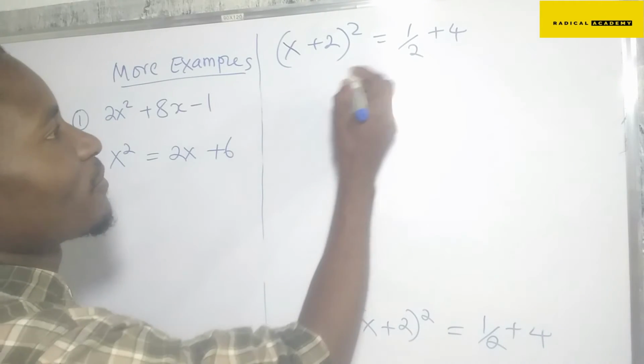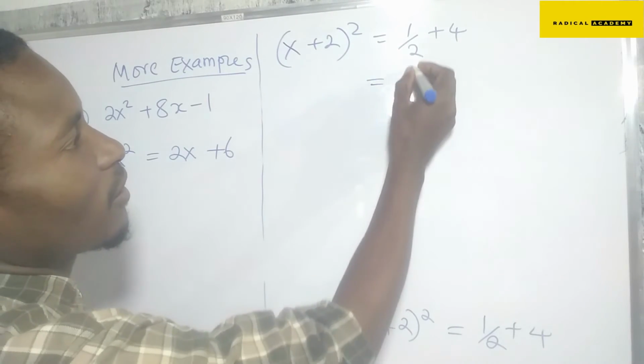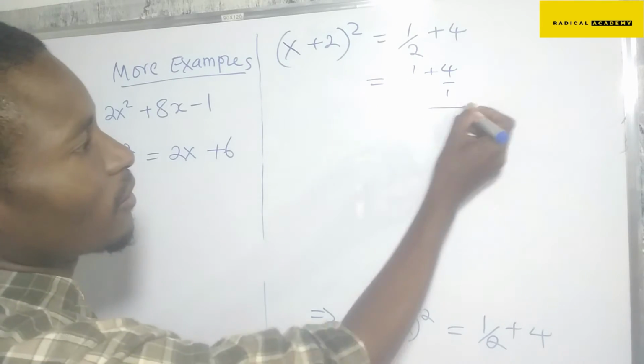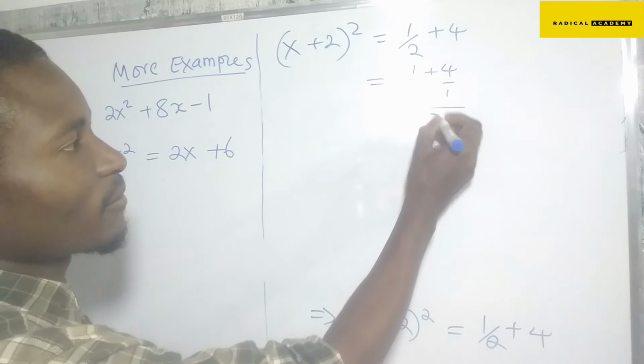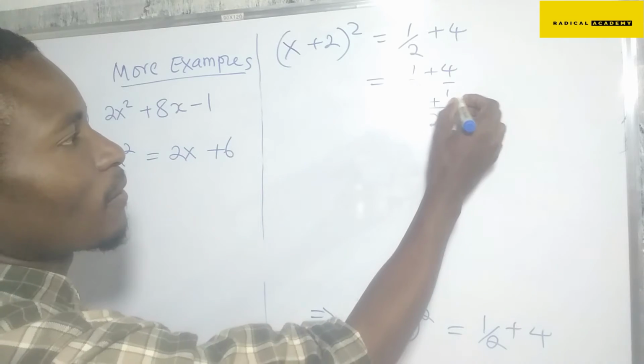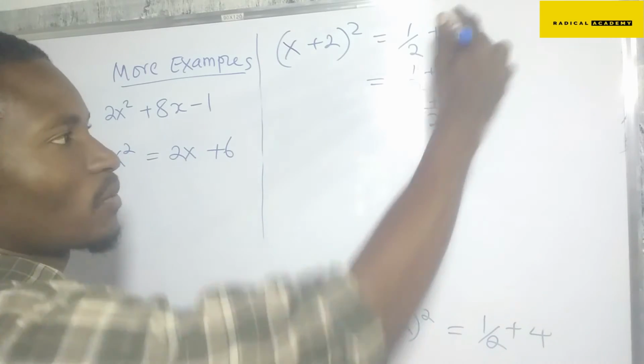So this is going to be simplified there: half plus 4 put over 1, then find the lowest common denominator. This is 1 plus 8, over 2.